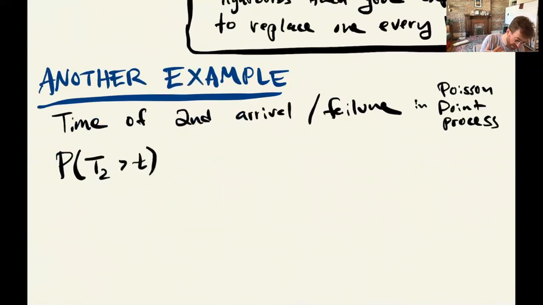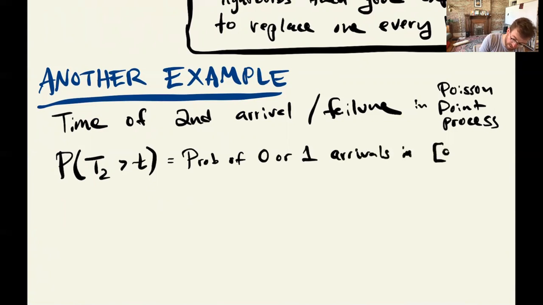So the probability that the second arrival happens after time t is the same thing as the probability of 0 or 1 arrivals in 0 to t.